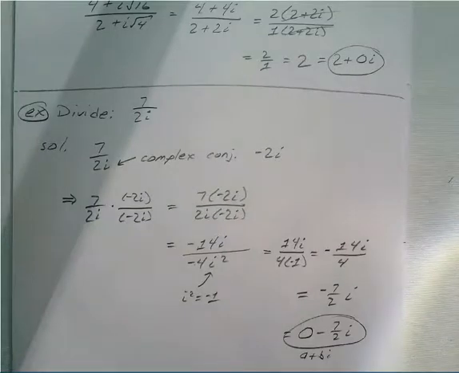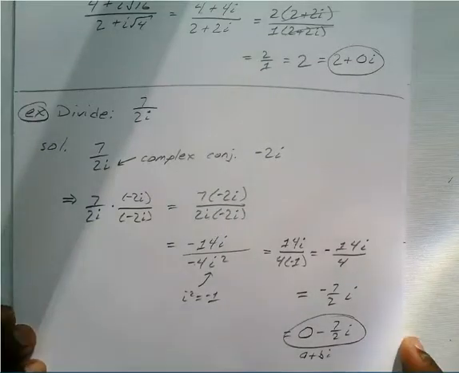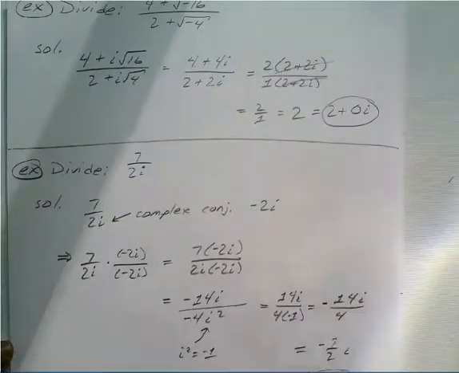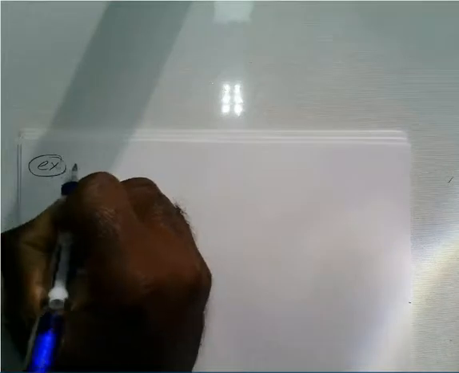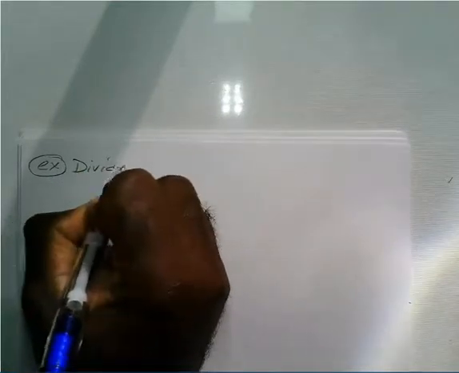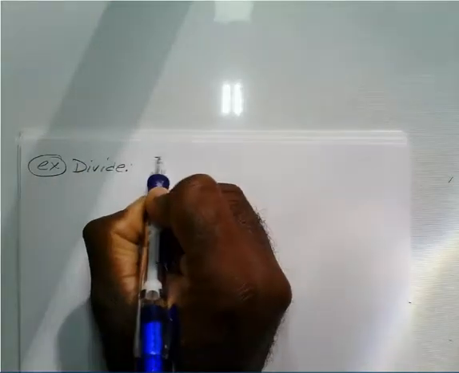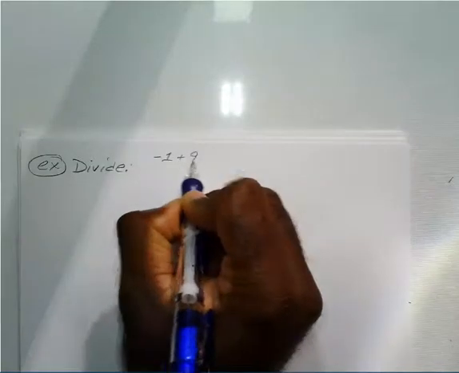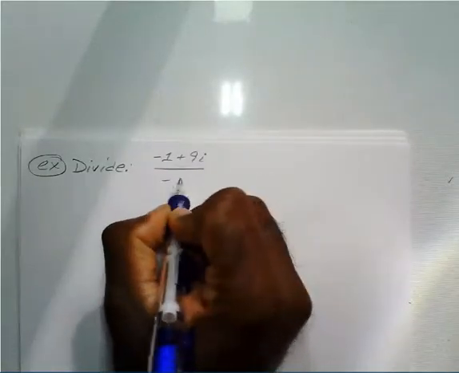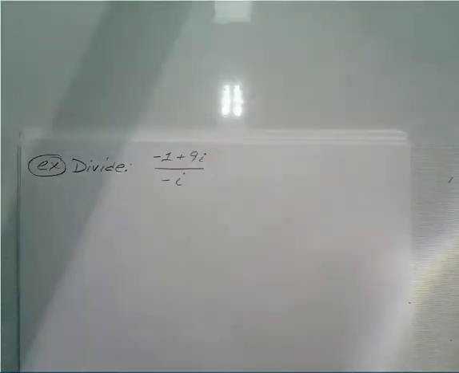Alright, so let's do one more quick example. What if we wanted to divide negative 1 plus 9i over negative i?